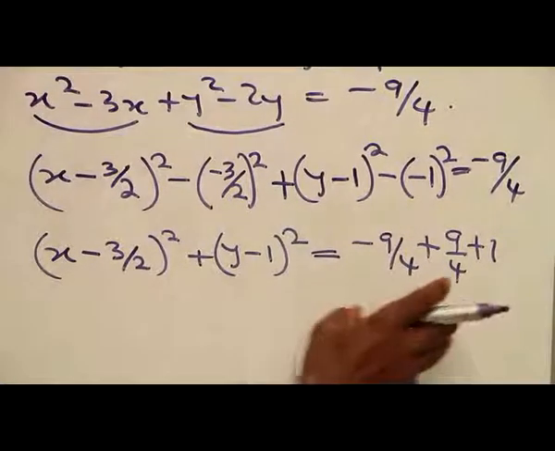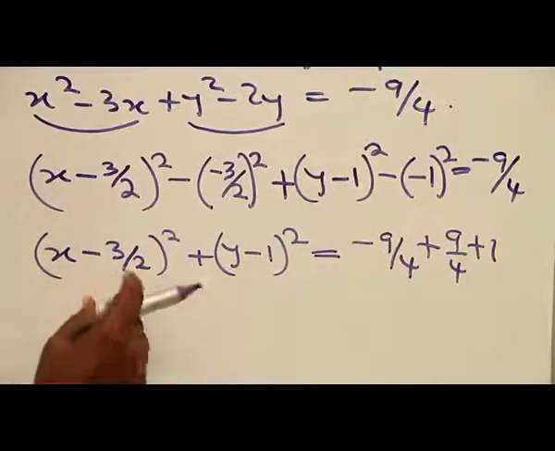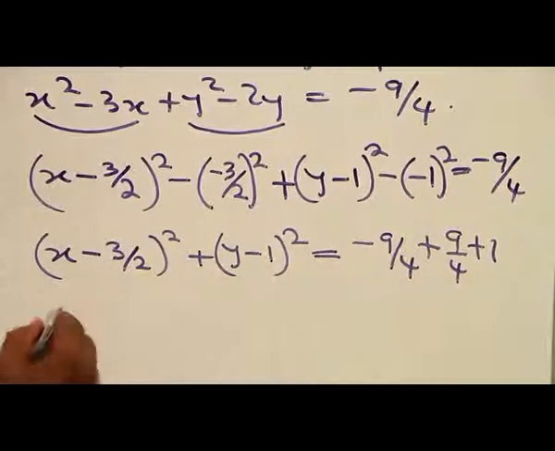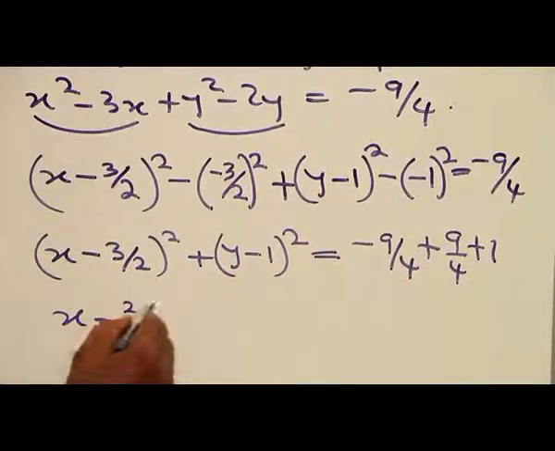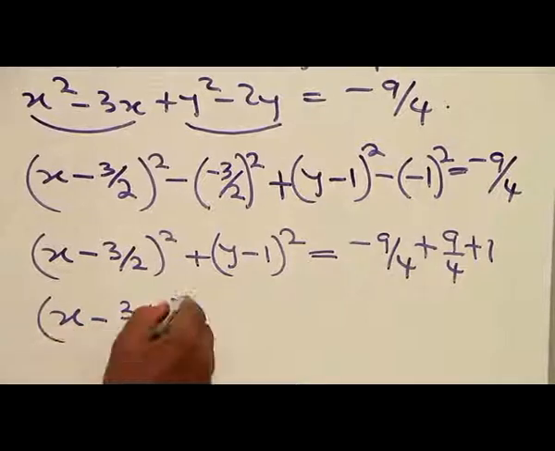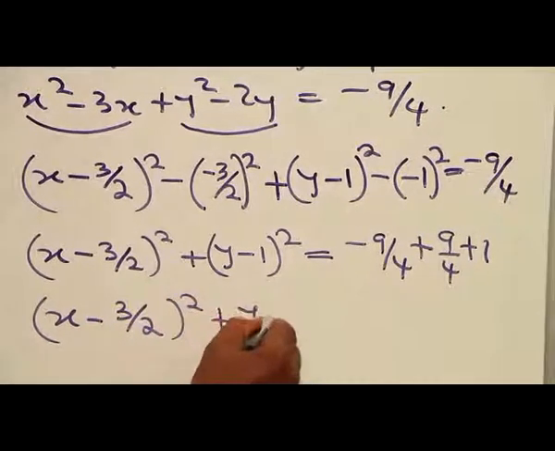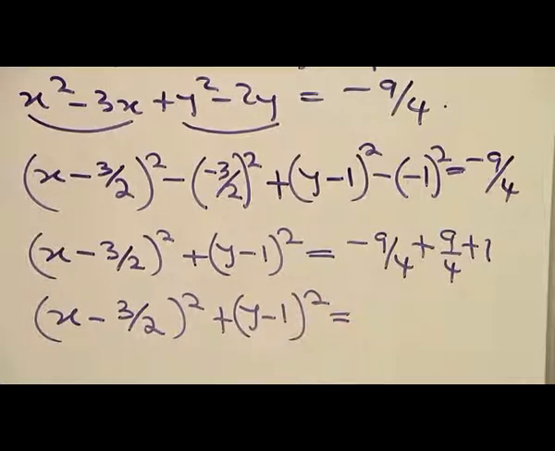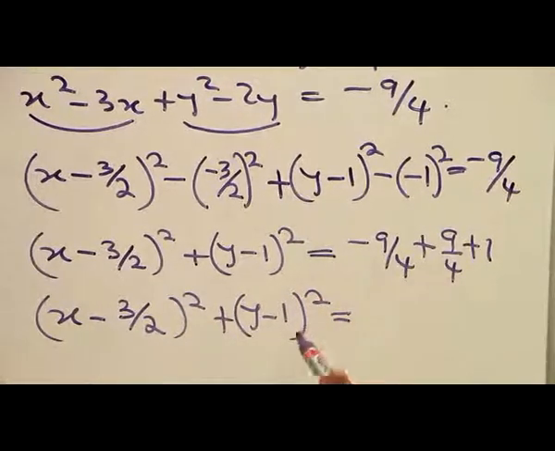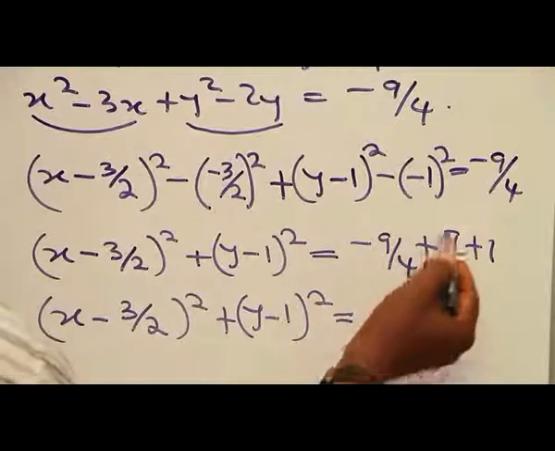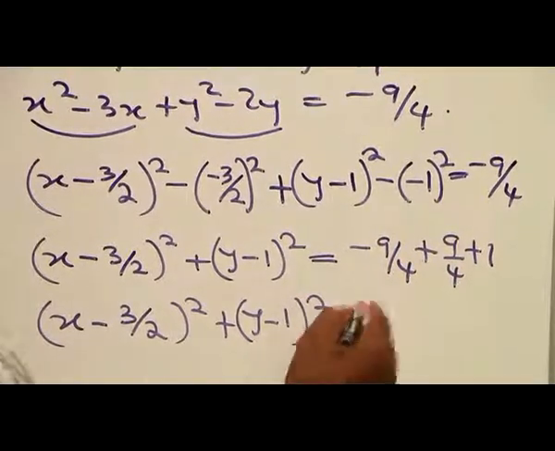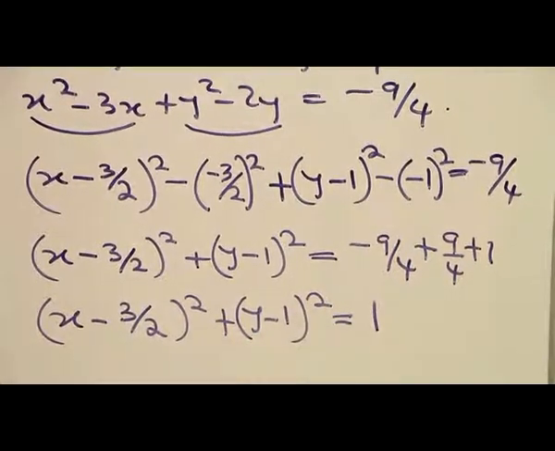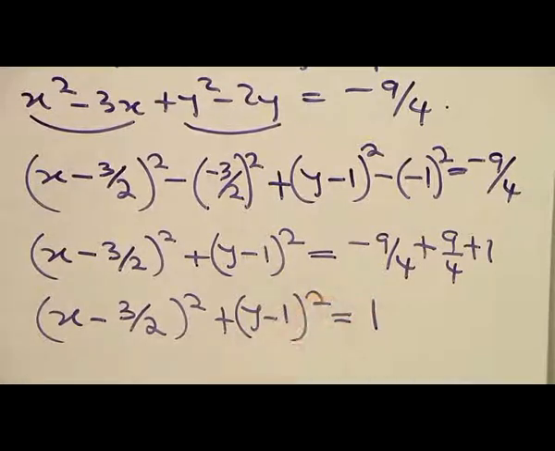So with this arrangement, we will now simplify the right hand side to give us s minus 3 all over 2 all squared plus y minus 1 all squared. Simplify the right hand side: minus 9 over 4 plus 9 over 4 is 0, plus 1. That will be 1. So take note, what do we now have?